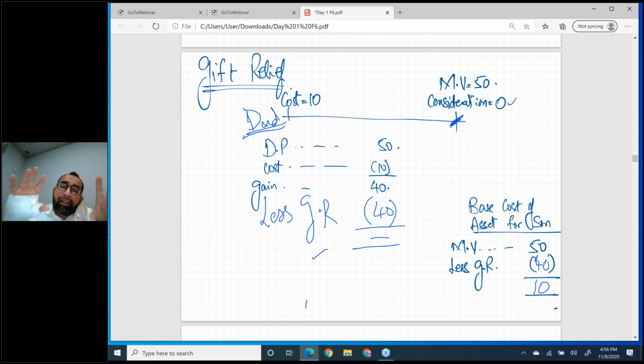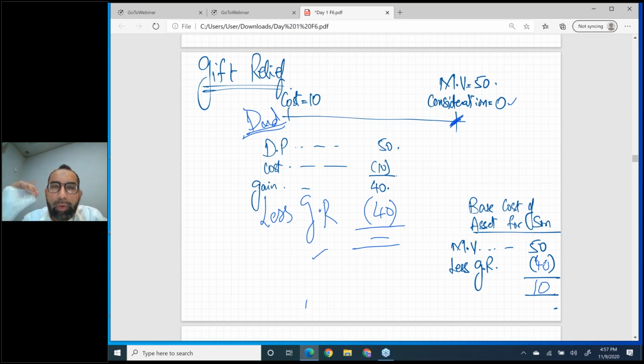Otherwise, old people have to sit over the business. So the government wants new blood to come into the business. Dad will transfer the business to the son and there is no immediate tax to the family. And if the son disposes of this asset in future, then he has to pay the tax. So in this way, business activity in the UK will be promoted.